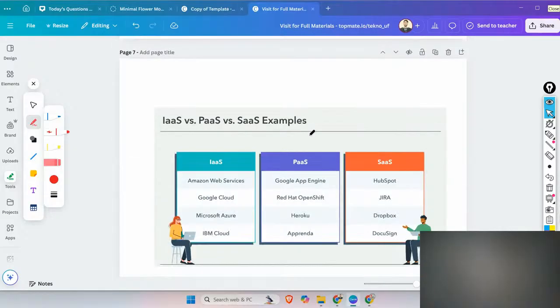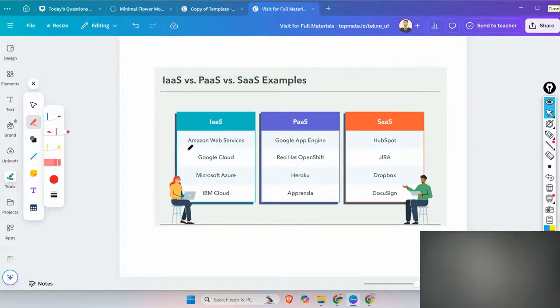Similarly, Amazon Web Services, AWS, Google Cloud, Azure, and IBM Cloud are examples of IaaS. Platform as a service examples are Heroku, Apprenda, Red Hat OpenShift, and Google App Engine.